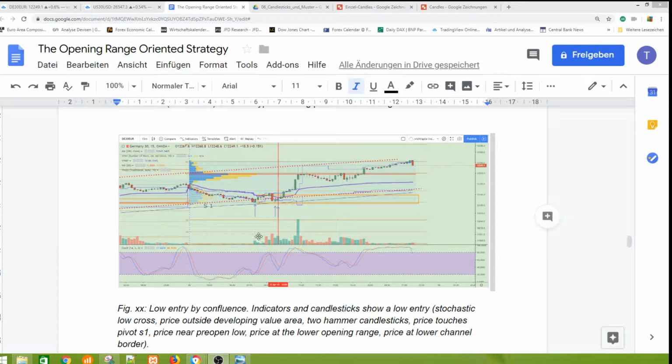And we are out of the developing value area. This developing value area is these blue lines here and here.